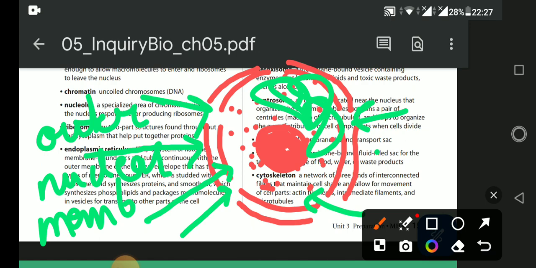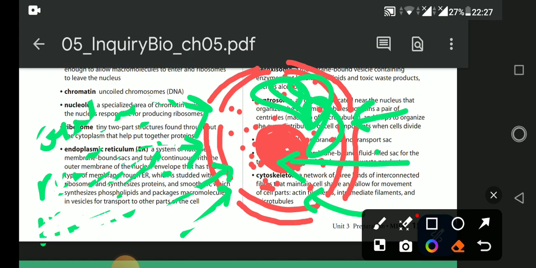Then you can see a round body present inside the nucleus. It is generally located in the center of the nucleus. And this is called the nucleolus.